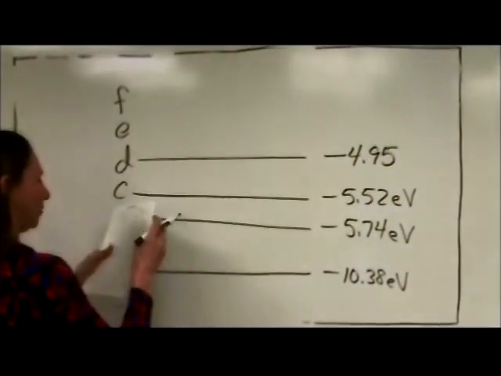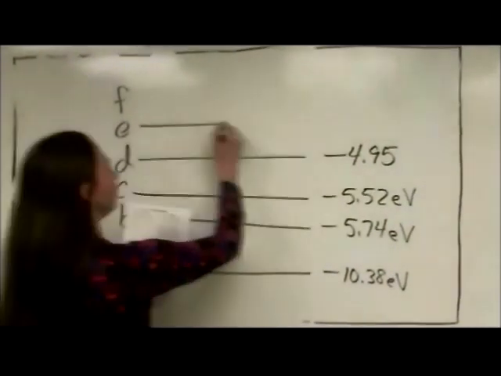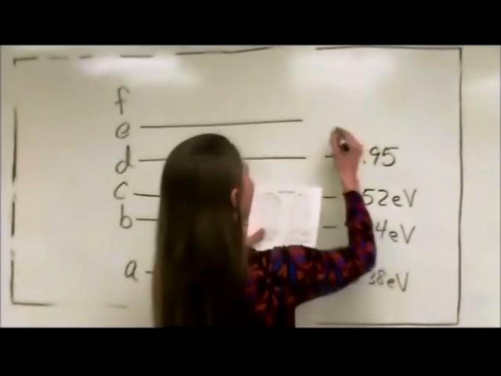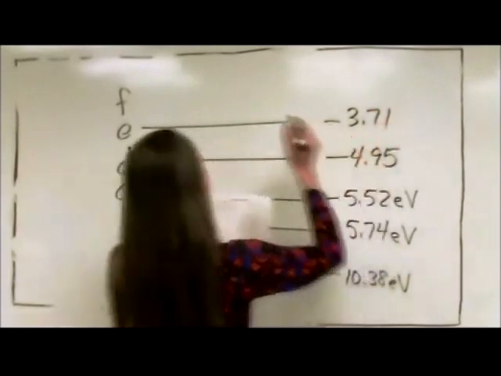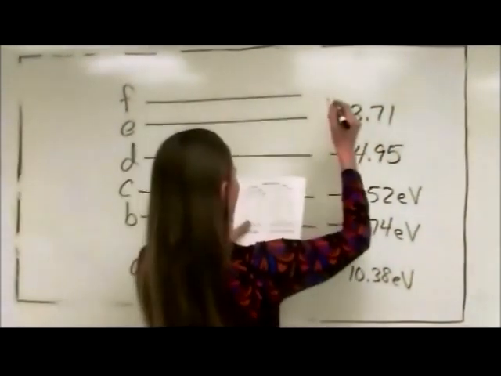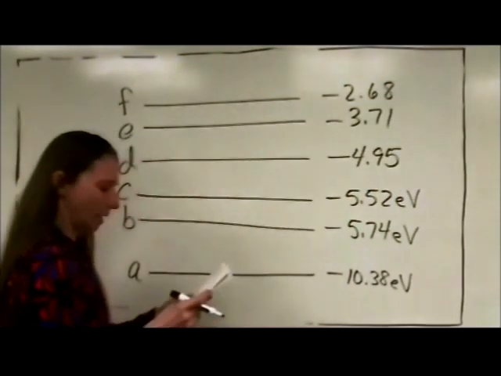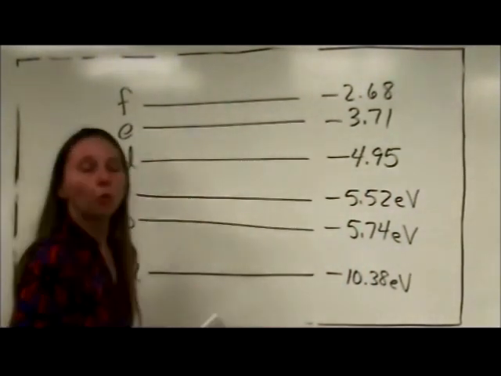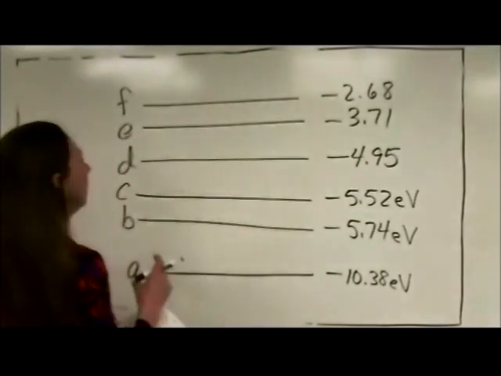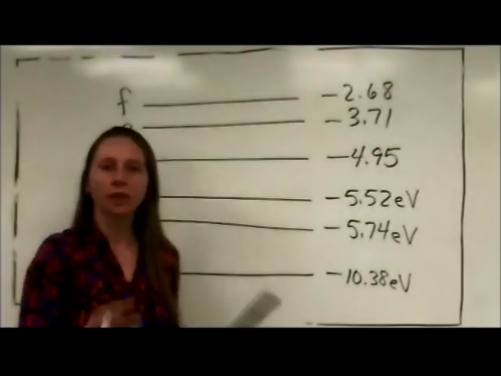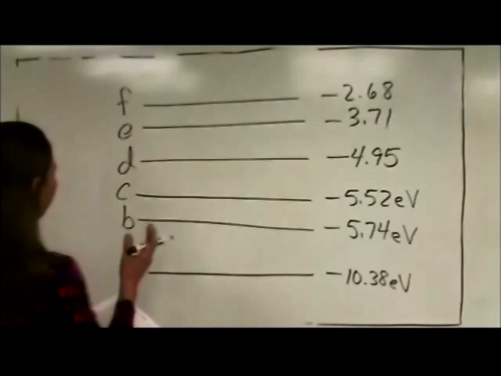Again, this is all in electron volts. E, negative 3.71. And F, negative 2.68.